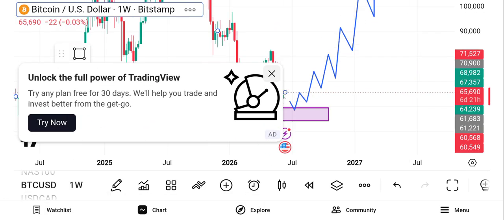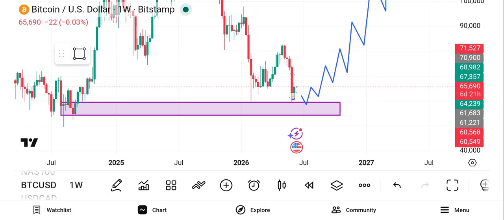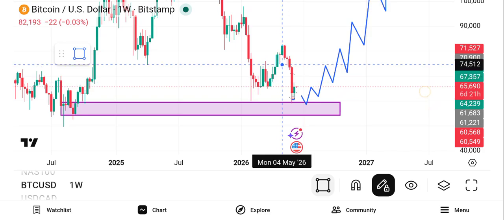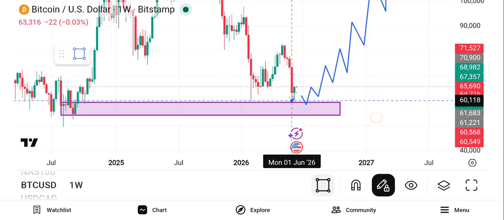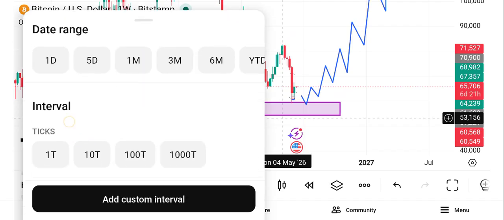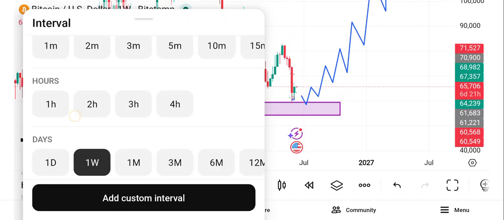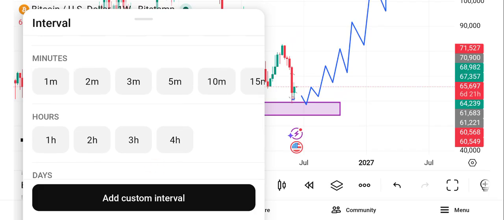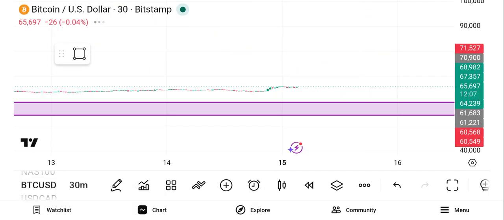So now on the weekly time frame, price has already pulled down to our weekly time frame POIs. The next thing for us to do is to go to the 30 minutes time frame, 1 hour time frame, or any time frame that you want to use.